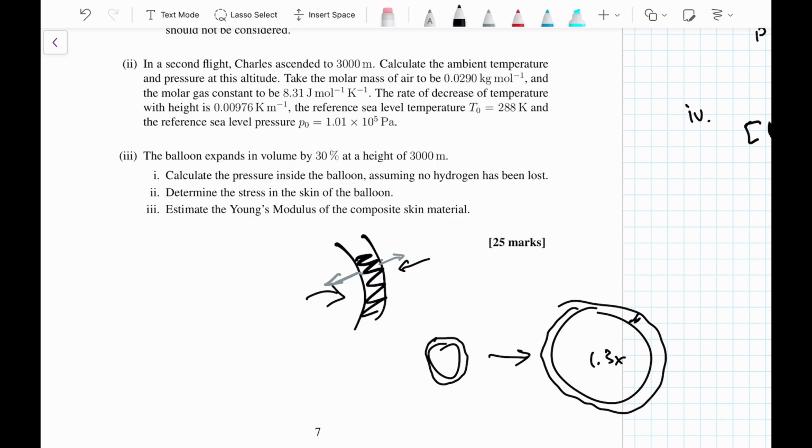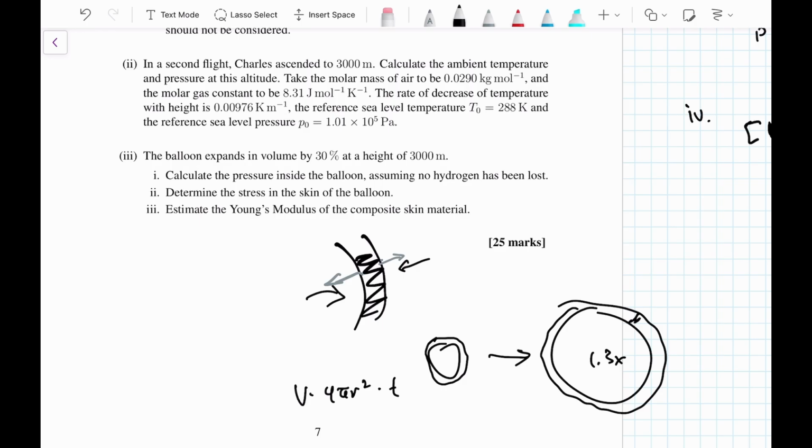Let's see. Well, calculating this accurately would be rather tedious. So I think one assumption that we can take is that the skin is very thin in comparison to the volume of the balloon. Then we can say that the volume is simply just the area, which is 4 pi r squared, multiplied by the thickness.